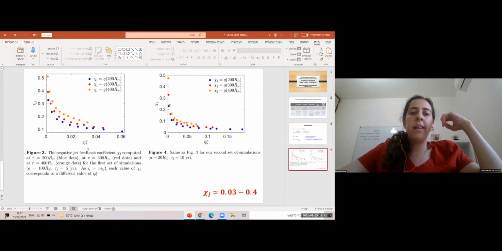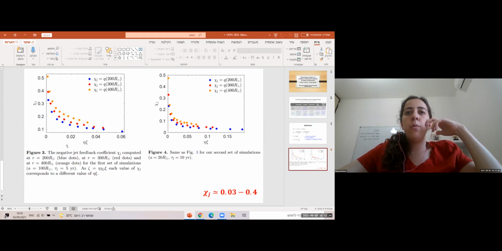We present the value of eta times zeta as a function of chi, and we infer what could be the value of chi for our specific simulation, which gives a self-consistent solution.